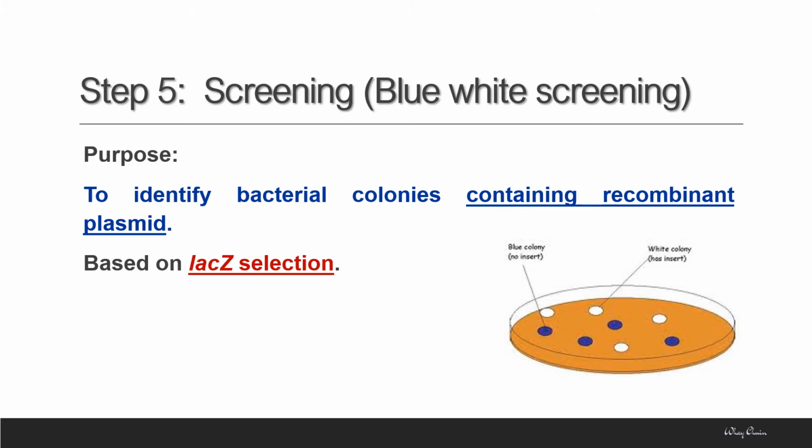This step is very important to help us differentiate the bacterial colonies with recombinant plasmid from the bacterial colonies without the recombinant plasmid. And the blue colony and white colony forms are actually due to the presence of the lacZ gene.